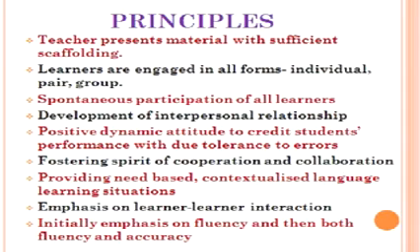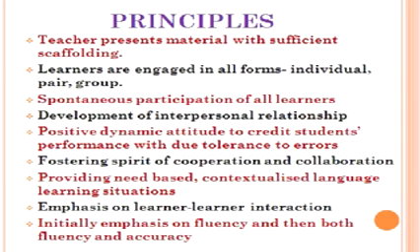And next one is providing a need-based, contextualized language learning situation. Language does not exist in a vacuum, and for learning a language, the student should be given opportunities to deal with the language in context, and also the needs and necessity of the learners should be given importance. The next point is that emphasis should be given to learner-learner interaction.